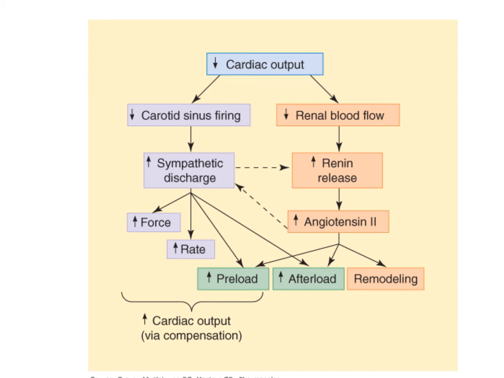Also, there is a reduction in the cardiac sinus firing, a compensatory mechanism, and overactivation of the sympathetic discharge, increased force and rate of contraction, and also ending with the same results. So there is an elevation or increase in the preload and afterload and remodeling.